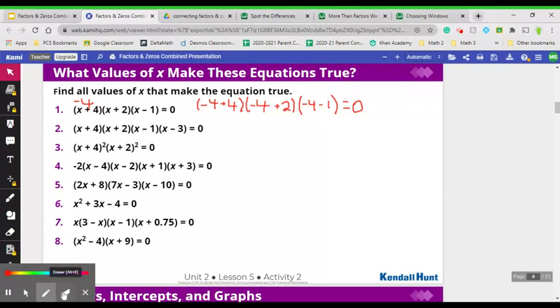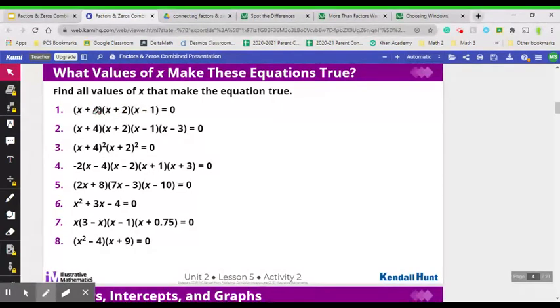If we get rid of that and start over here, you basically are going to do that with each of these parentheses. Whatever makes each one of these parentheses equal to 0 would mean that the x value is the one we're looking for. We already figured out that x equals -4 would work for this one. If we look at just the second parentheses, take what's inside of it and set it equal to 0, x is going to have to be -2.